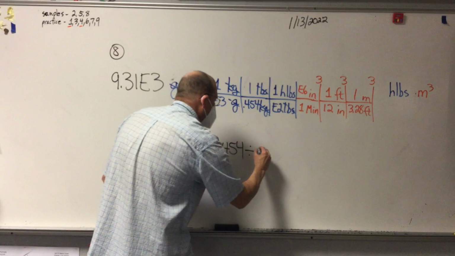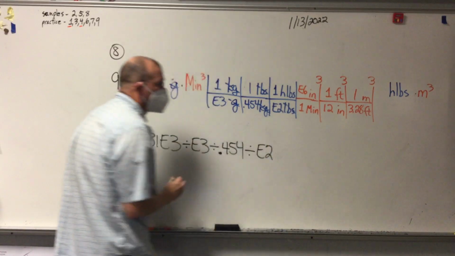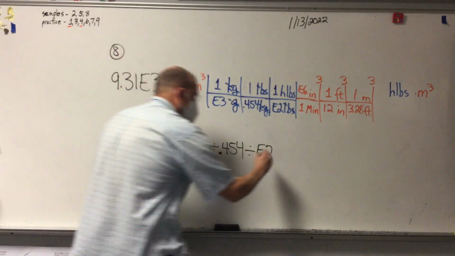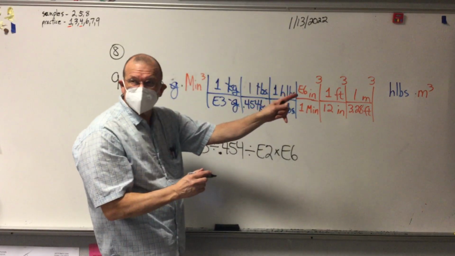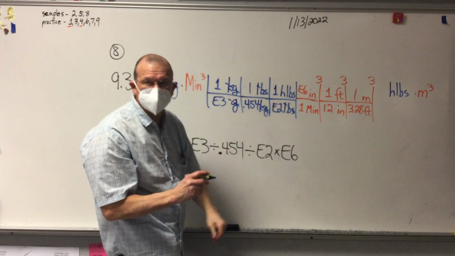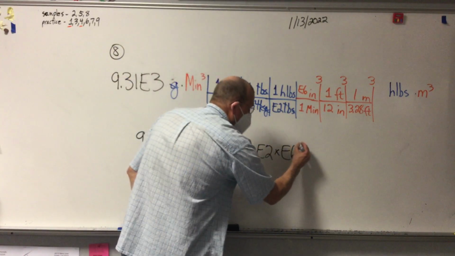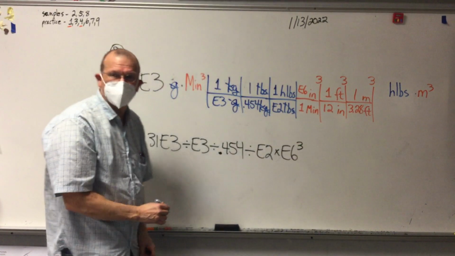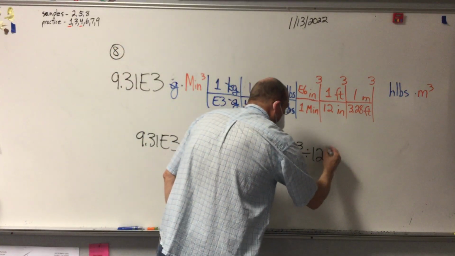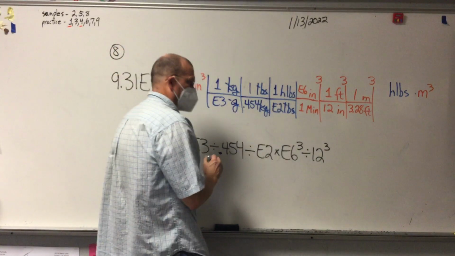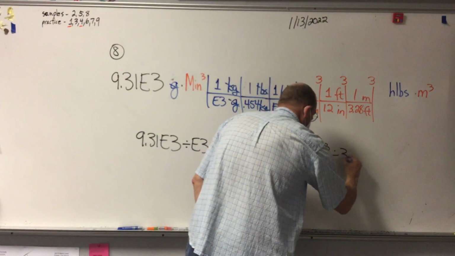Got a lot of divided by. And then multiplied by E6 cubed. Remember, on the class calculators, there is a cube button, so it'll give you the cube up there. Then divided by 12 cubed, and then divided by 3.28 cubed.